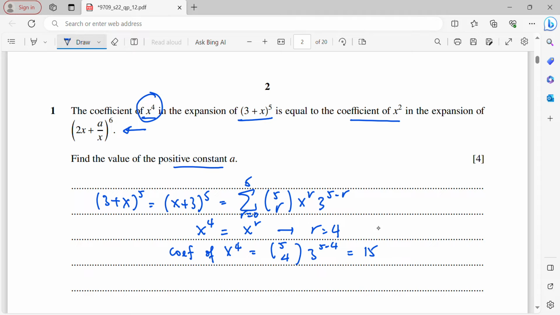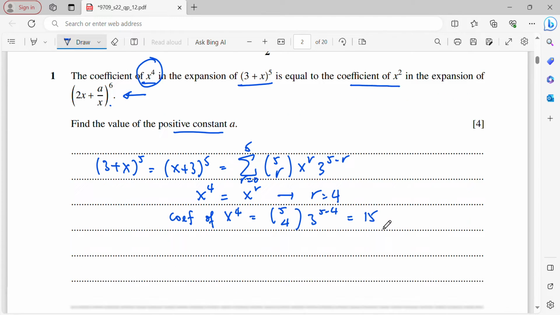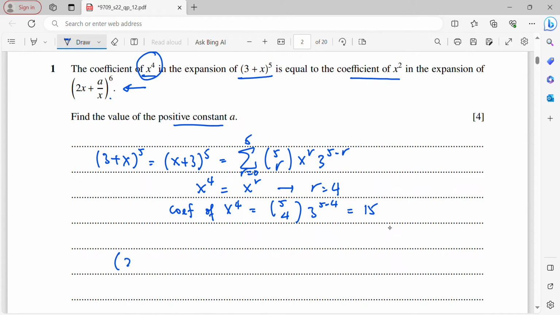Now for the next expansion, (2x + a/x)^6. This is going to be the summation of 6Cr (2x)^r (a/x)^(6 − r), then r starts from 0 until 6.